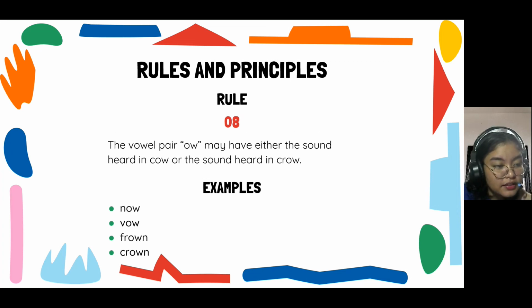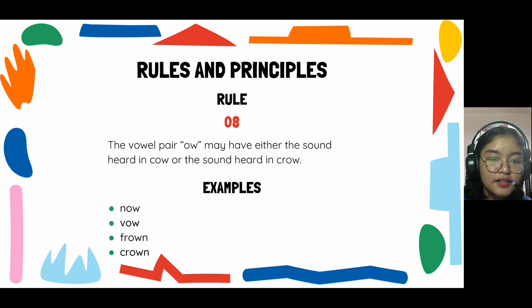And then the next rule is rule number 8. The word pair OW or O may have either the sound of cow or crow. Cow or crow. Examples: now, vow, frown, crown.